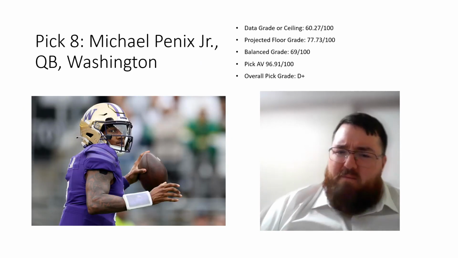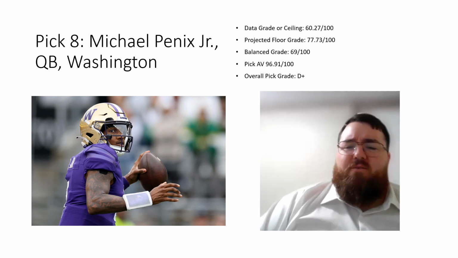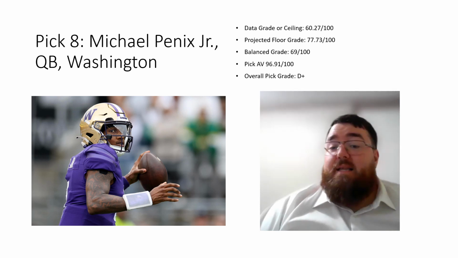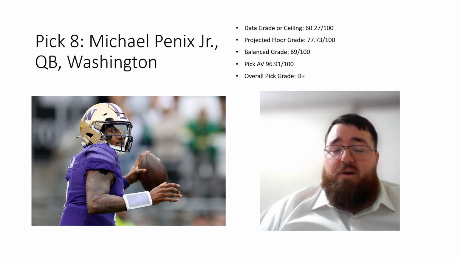Starting with pick 8, Michael Penix Jr., quarterback out of Washington. His overall data grade, or ceiling, was 60.27 out of 100. His floor grade, so the quarterbacks that tested like Michael Penix Jr. in the first round, averaged a 77.73 out of 100 approximate value score.